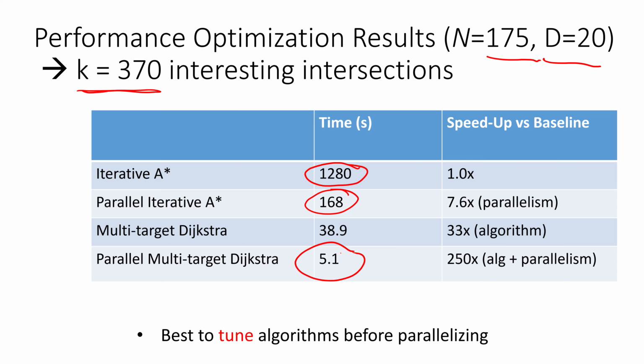So now the total runtime is down to 5 seconds, which is not even going to be a big part of our 50 seconds. We can use most of our runtime to do perturbations and multi-start, or whatever we feel like, to try to find a good delivery order. So our total speed up here is 250x, and most of that was algorithm. Algorithm was the bigger hammer. So think about algorithm before parallelism. Is everybody with me? Okay, sounds good.